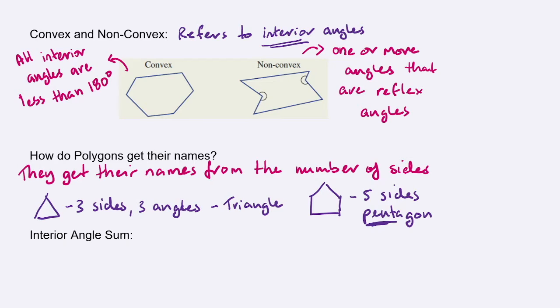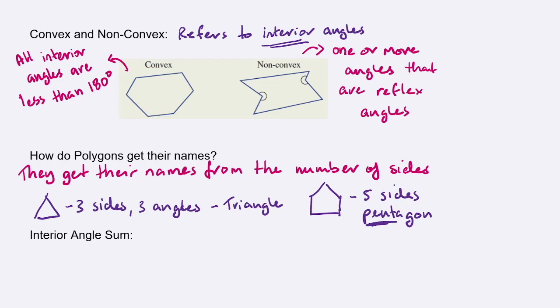Now, when we are working with polygons, we are oftentimes asked to find the interior sum of the angles of the shape. Now, when we do that, we can use a special formula for that.